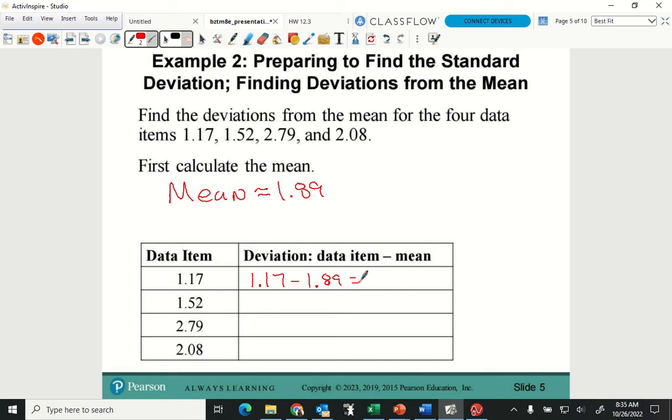Next one, Roman, are you still with me? It's going to be 1.52 minus 1.89, 2.79 minus 1.89, and 2.08 minus 1.89. So you people right now are doing my calculations for me.